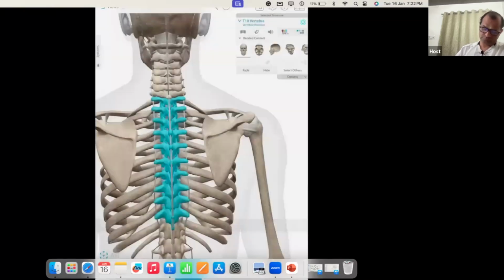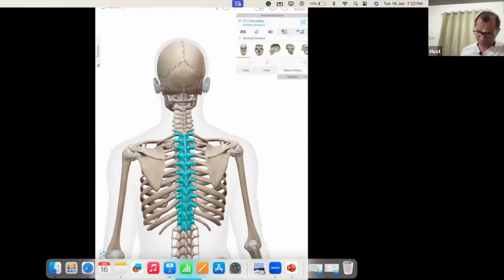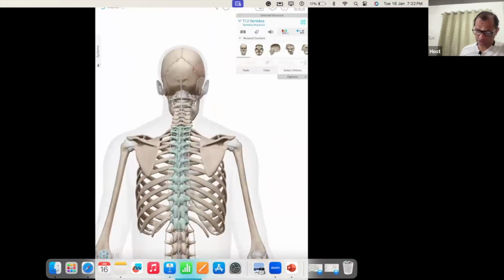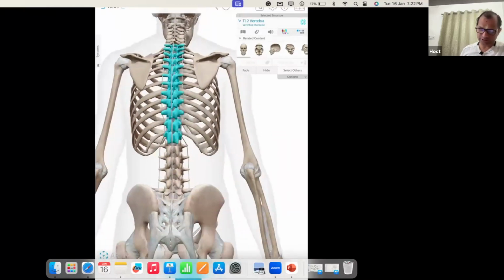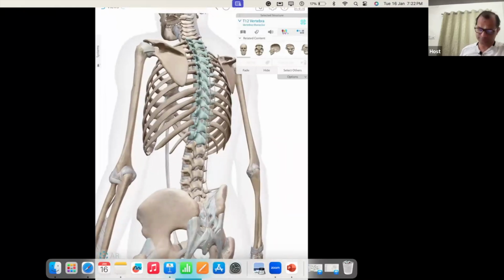So this is T11 and T12 till here. Then the lumbar part is starting, the lower back is starting, फिर हमारी कमर स्टार्ट होती है.